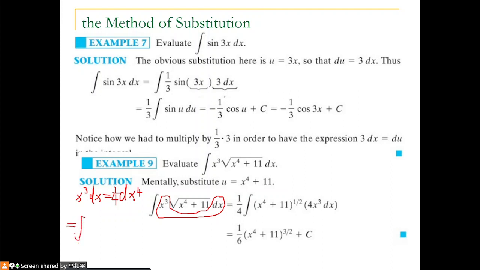You can pull out the constant 1 over 4 and write the square root of x to the 4 plus 11 times d of x to the 4, which is also d of x to the 4 plus 11.